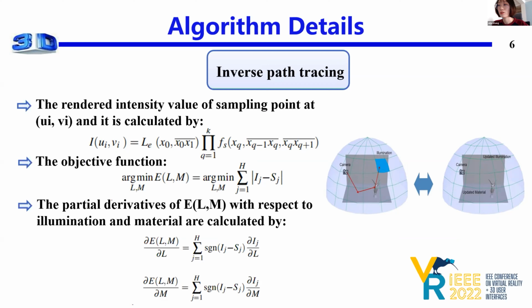The objective function is composed of the input image pixel Ig and the rendered intensity value Ig. R and M are the illumination and the material to be estimated. In order to minimize the objective function, we need to calculate the partial derivatives of E with respect to illumination and the material.